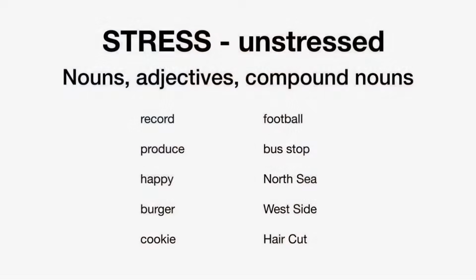Okay, so rule number 1, let's talk about stress in nouns, adjectives, and compound nouns. Okay, we're talking about 2-syllable words here. Okay, and 2 words put together that make a noun. So we have this pattern.